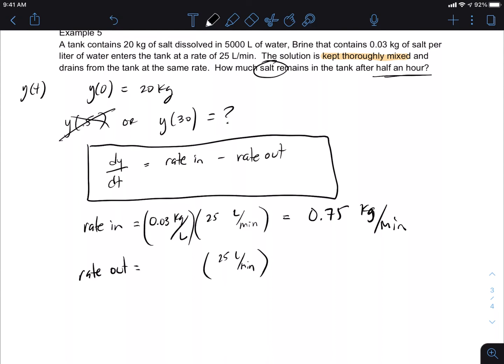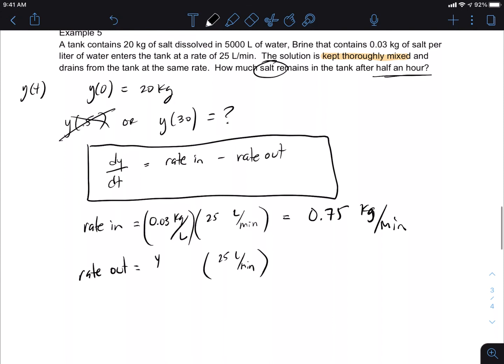Our function, I told you, was going to be a y of t function, correct? And the y of t was representing what? With respect to time, but specifically what? The amount of salt with respect to time. Salt. Again, salt.